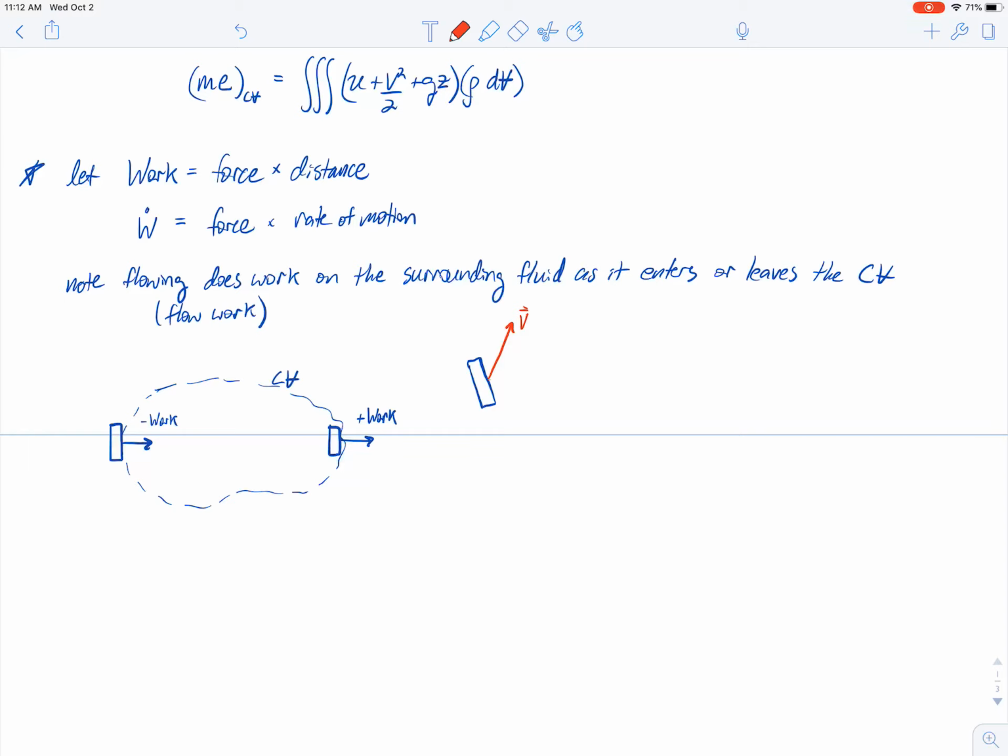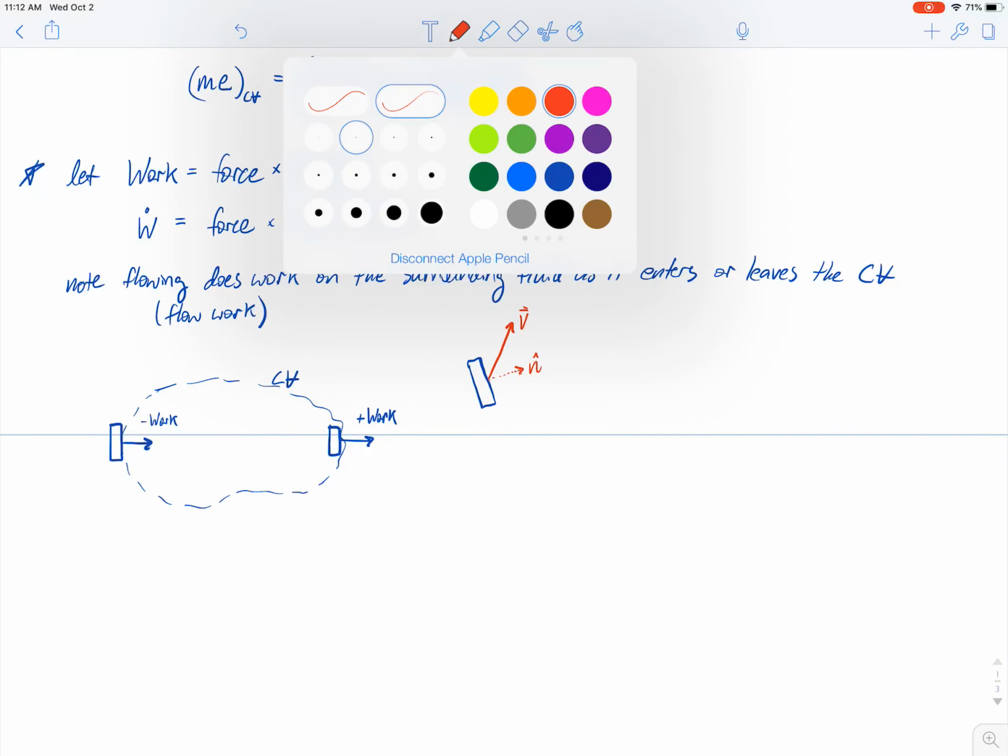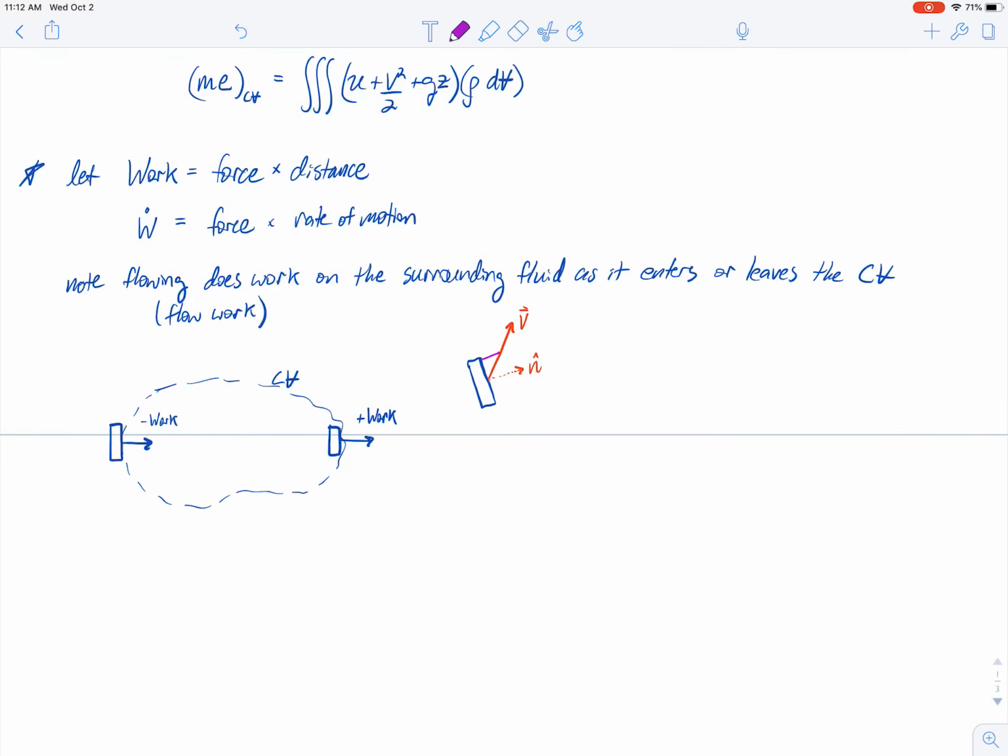And then here's the normal direction. And then remember, my control volume is associated with the fluid. Fluid's going to be at a pressure. So the other thing I have going on is a pressure on that fluid element.